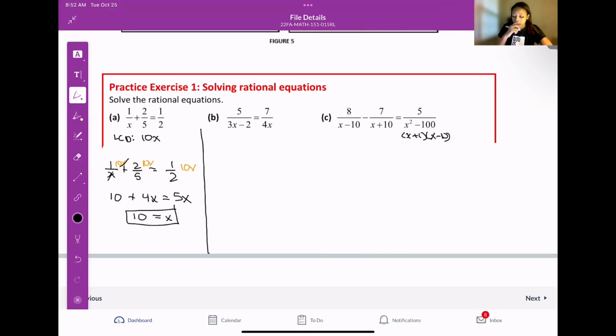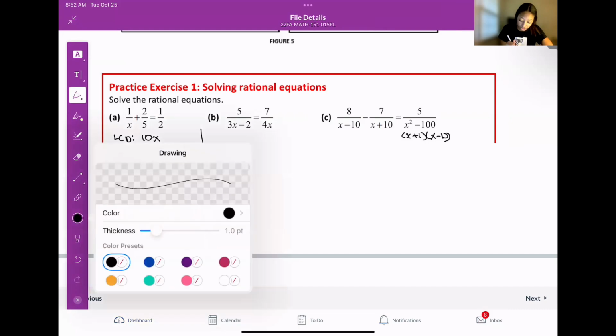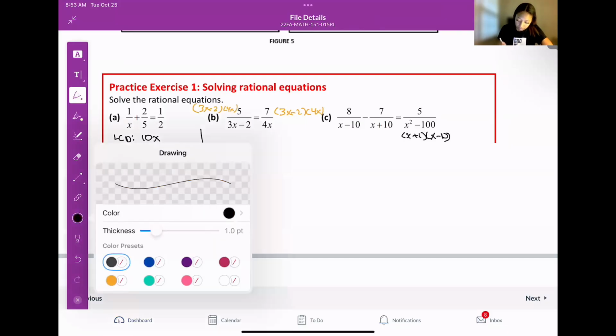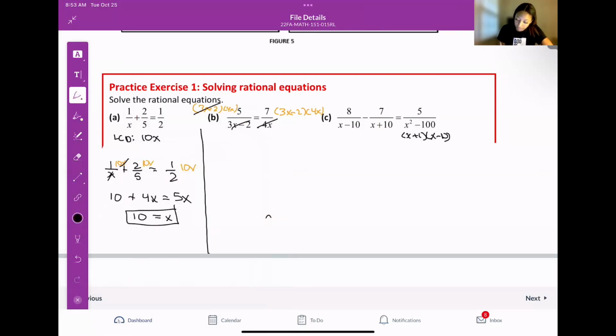On to B, we have 5 over 3x minus 2 equals 7 over 4x. We multiply each expression by the common denominator. That would be 3x minus 2 times 4x. Then each denominator cancels out.